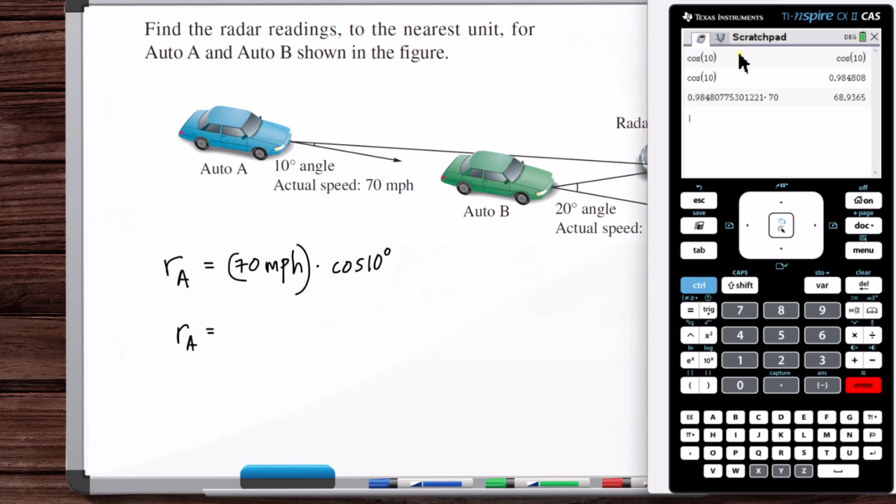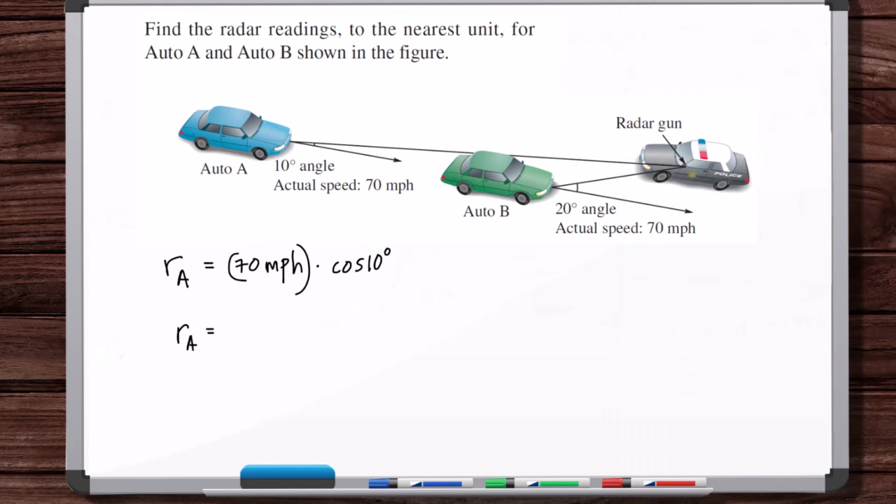There's the radar reading, and to the nearest unit of speed, we round this digit, so 69 miles per hour. That's the radar gun reading of vehicle A.